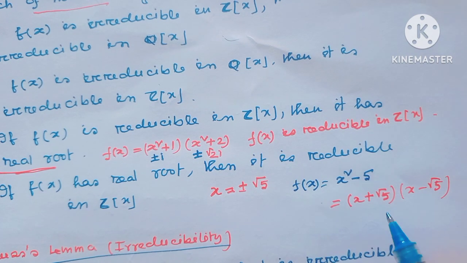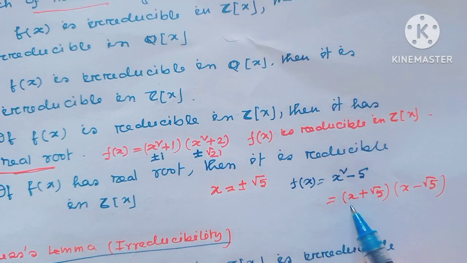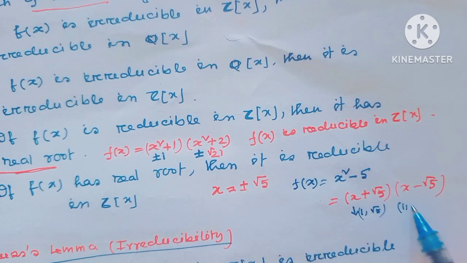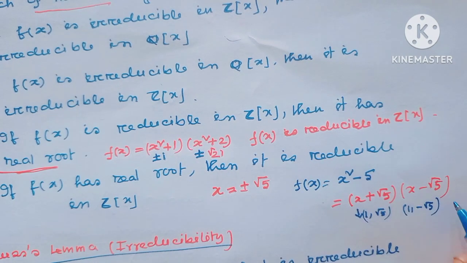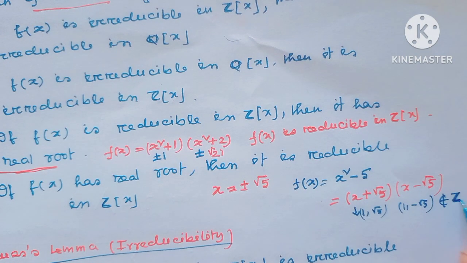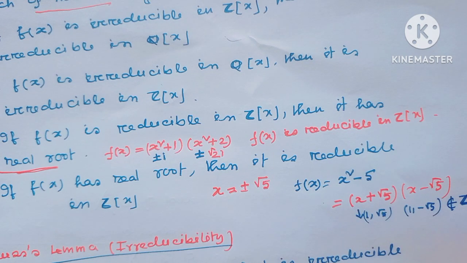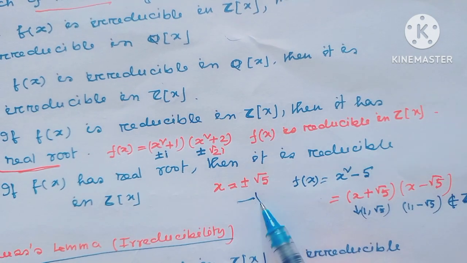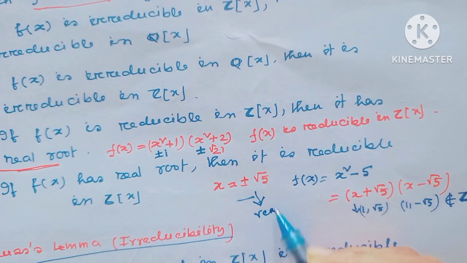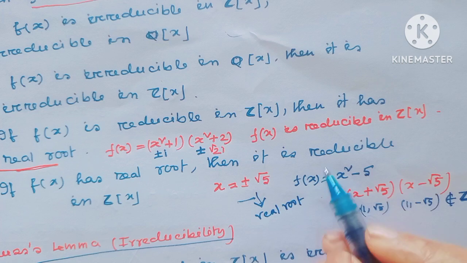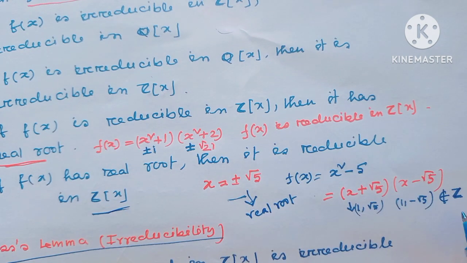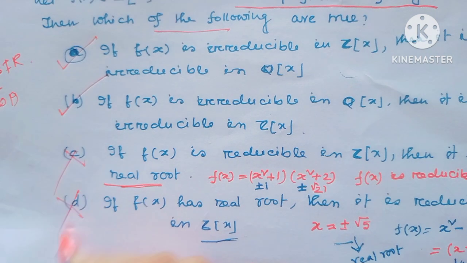Here notice the coefficients are 1, square root of 5, 1, minus square root of 5, which do not belong to the integers. So, this polynomial has a real root, but it is not reducible in Z[x] because the coefficients do not belong to Z. So, option D is also a wrong option.